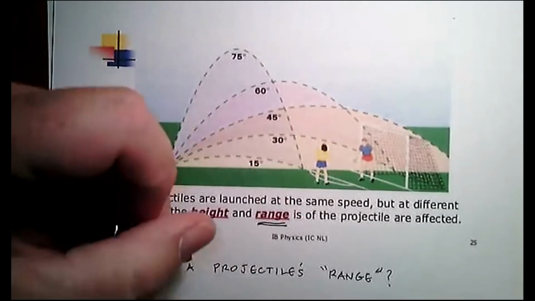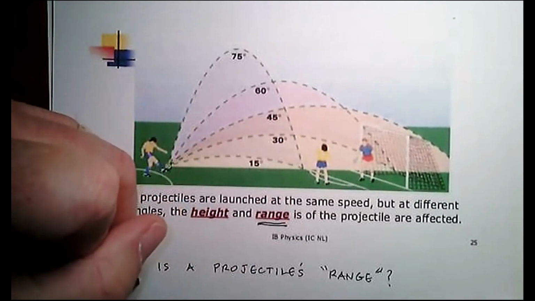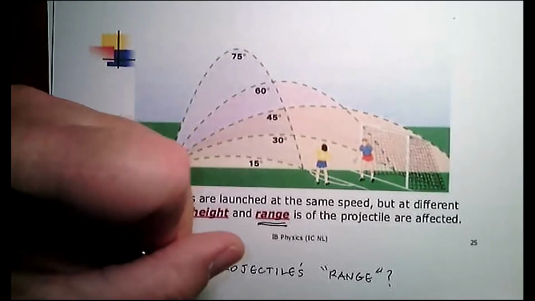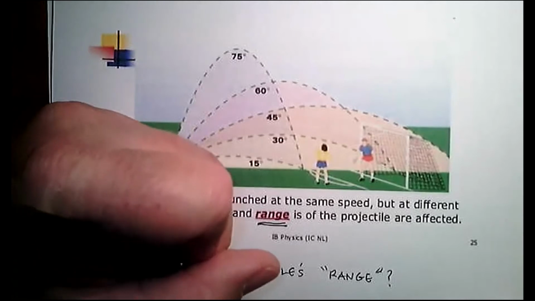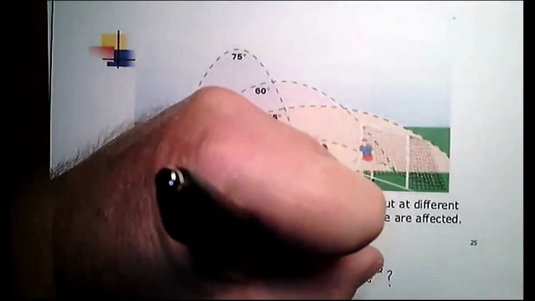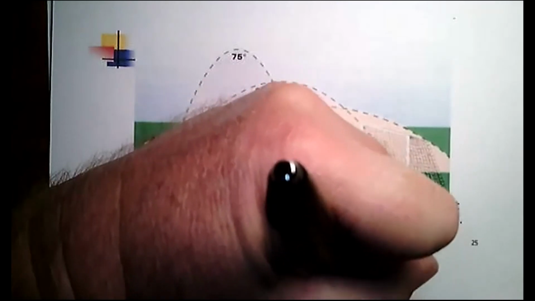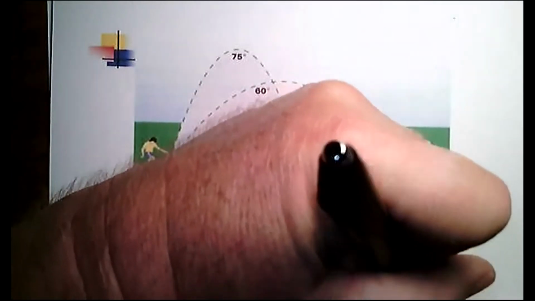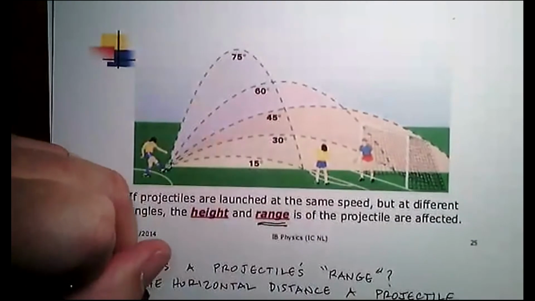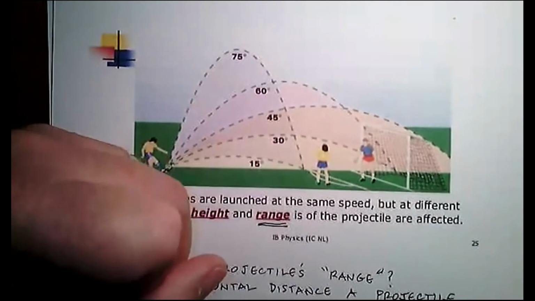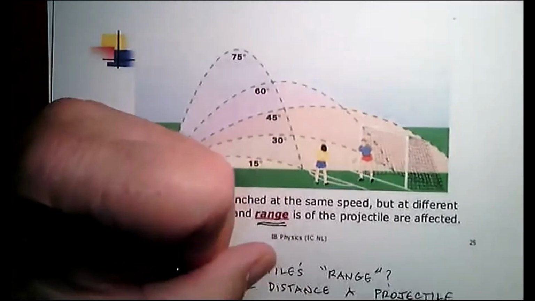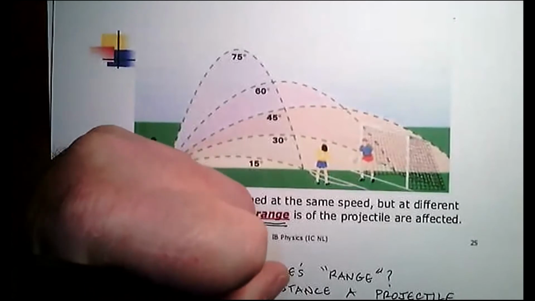What is range? Range is the horizontal distance a projectile will fly after launch.